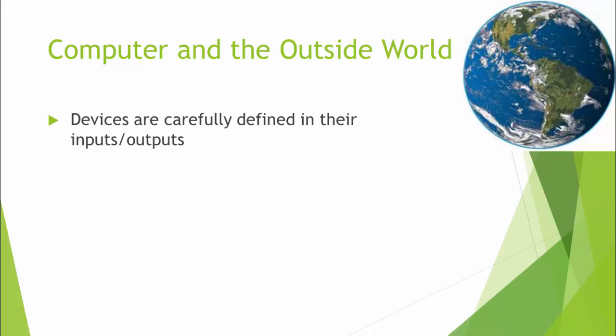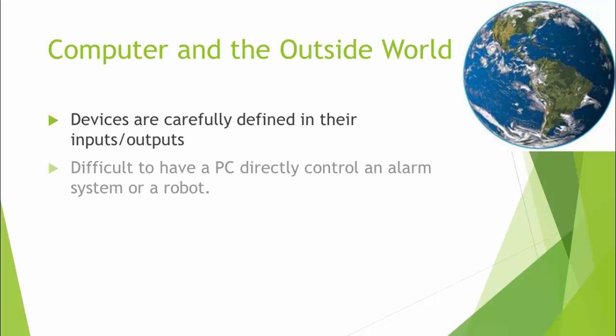Instead, they're carefully defined in terms of the way that they connect with other devices. It's really quite challenging to have a PC directly control an alarm system, for example, or to control a robot.